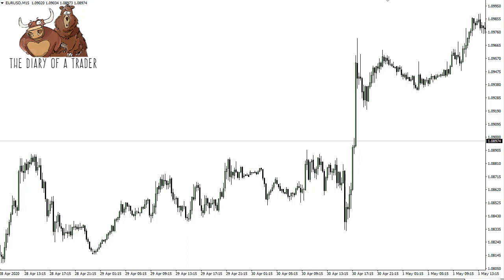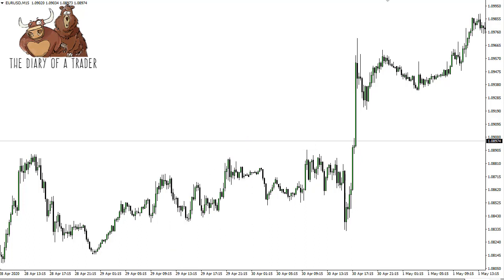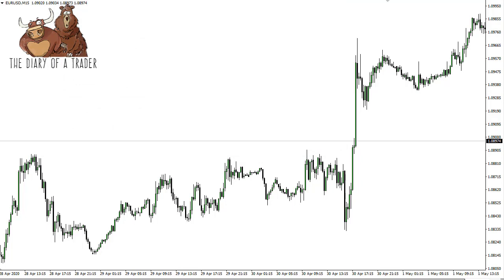By the time you have pressed the button, say you click on this and you go to trading and you want to click new order and you pull all of this up, most high-frequency traders will have been in and out of this market multiple times. Furthermore, there aren't that many in the market to begin with.